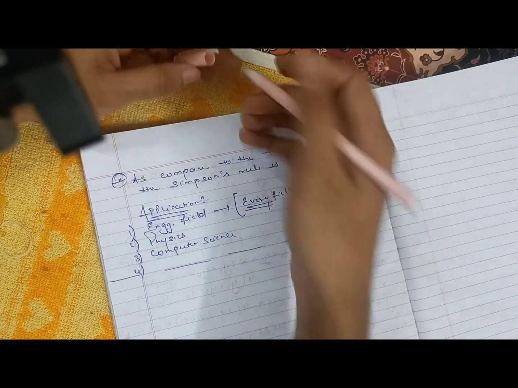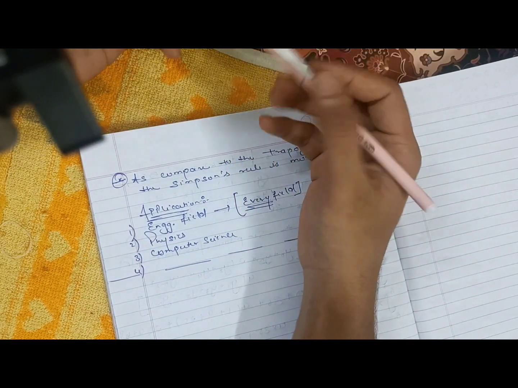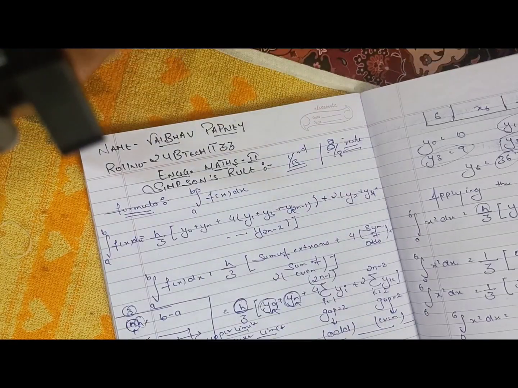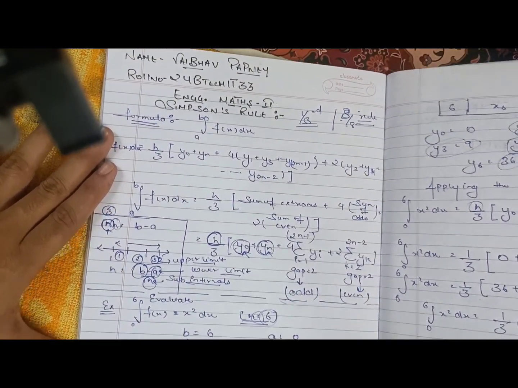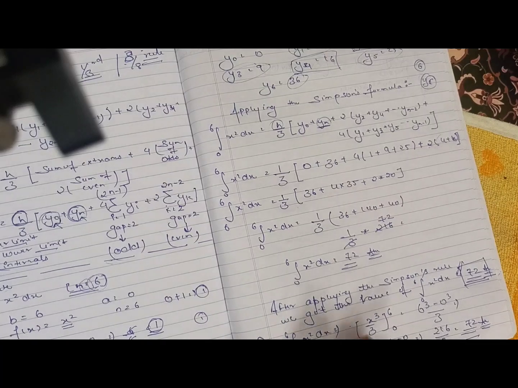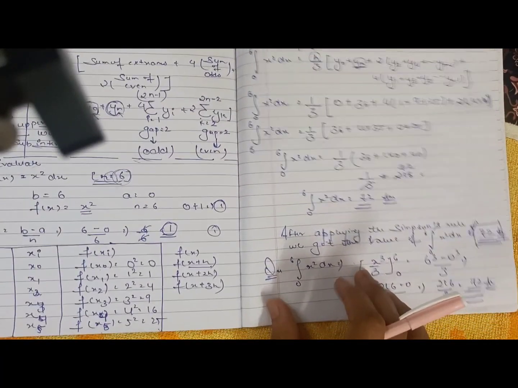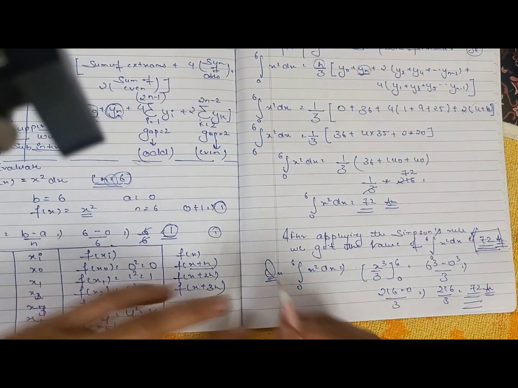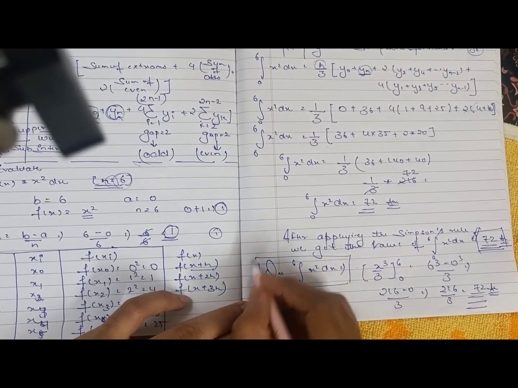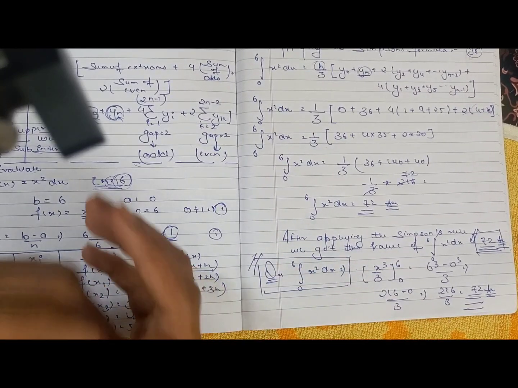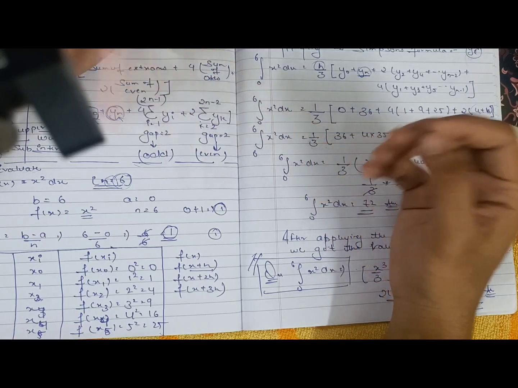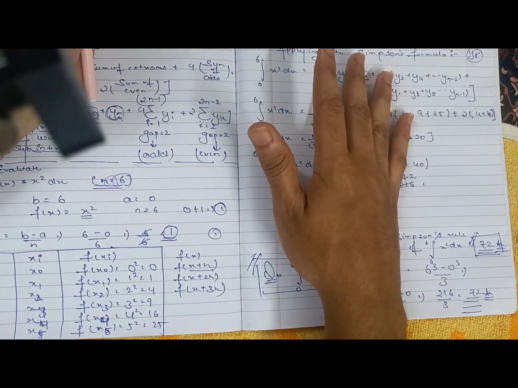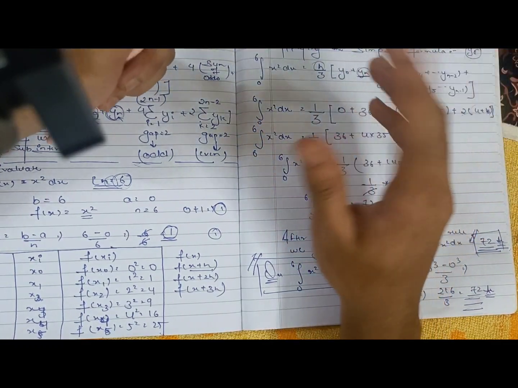I'll share the code, a Java code for the Simpson rule, to verify whether we have done this correctly or not. I'll take this example which I have done here, and I'll show two codes of Java program. First one is where the user has to put the input. I'll share it in the description also.